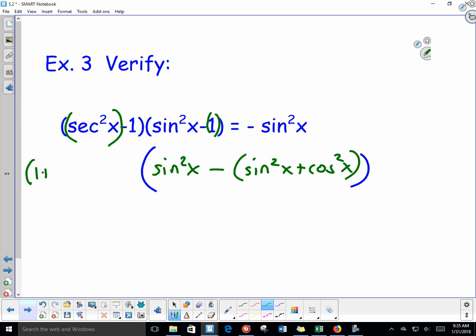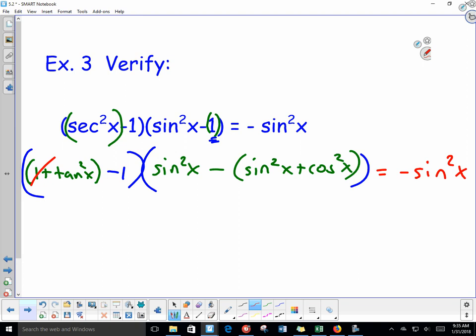So we're going to say 1 plus tangent squared, okay? And then we still had the minus 1, right? So it looks like this. So I replace the secant squared with 1 plus tangent squared, and I replace this 1 over here with sine squared plus cosine squared. Again, we're trying to show that this is equal to negative sine squared x.